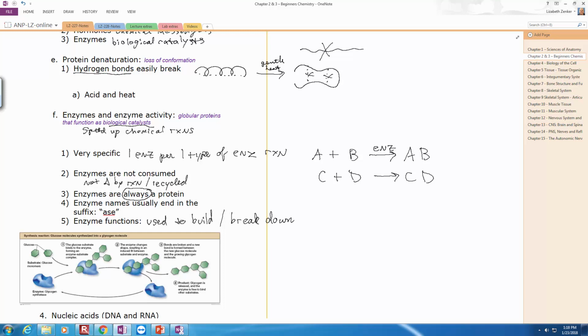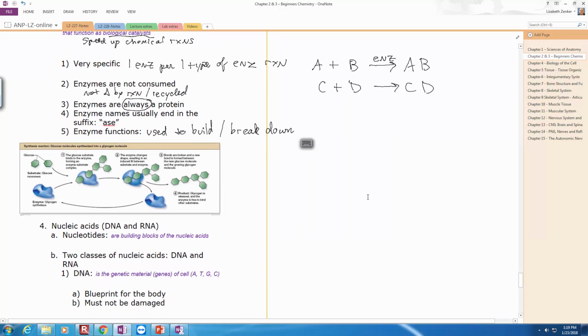Use it as you learn new things as we're building on the topics. So if we look at this picture down here, the same enzyme that brought A and B together to make AB, you'd have to have a different enzyme to break apart AB.